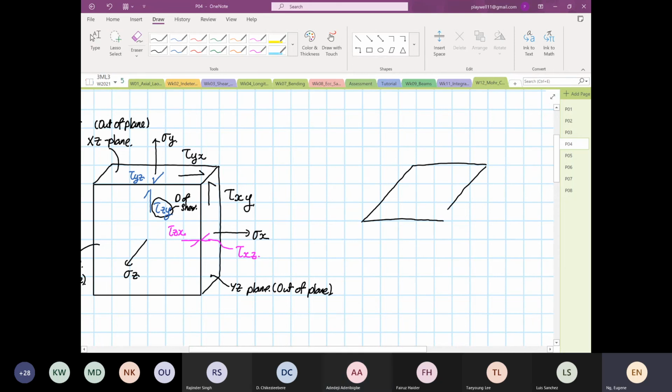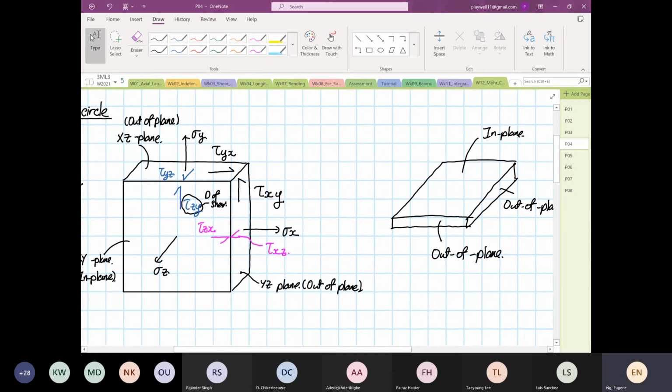I like that. Okay, now if I draw the orientation this way, this is my in plane, and this is the out of plane. Now, can anyone tell me what is in plane and out of plane? It's not difficult.